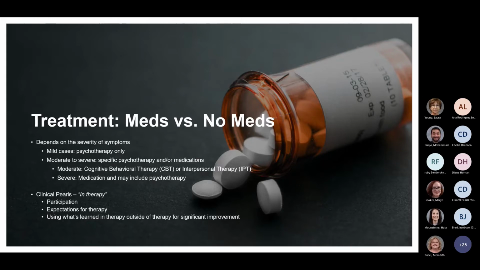But in severe cases, generally you want a combination approach, medications and psychotherapy, because that's going to be the best bang for your buck as far as improvement in symptoms when someone has severe depression. Psychotherapy alone may not get it, and research shows medication alone won't get it either. So you might have to do the combination approach for that.